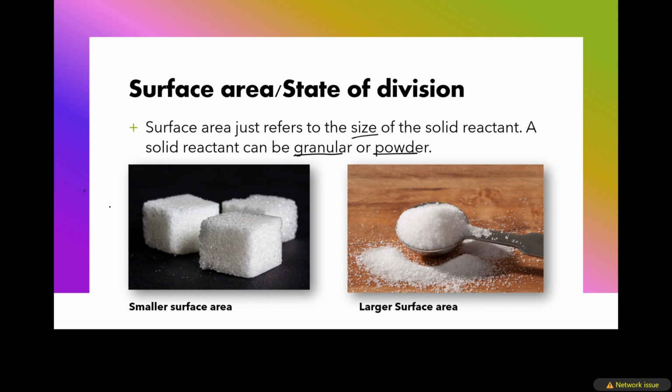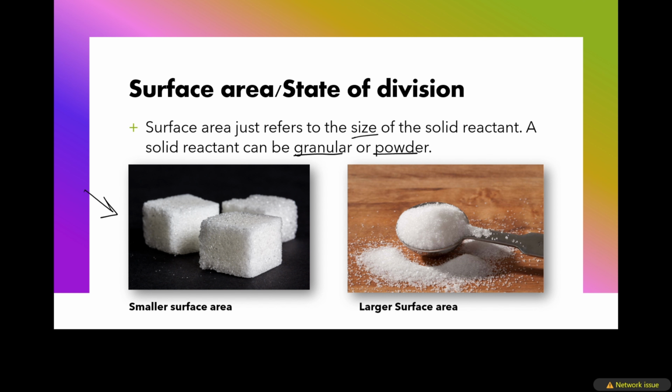Here I've used 2 diagrams to represent the surface area. You can see that this is sugar in the form of cubes, so it occupies a smaller surface area, as compared to this one, which is granulated or powdered sugar. You can see that it is occupying a larger surface area.